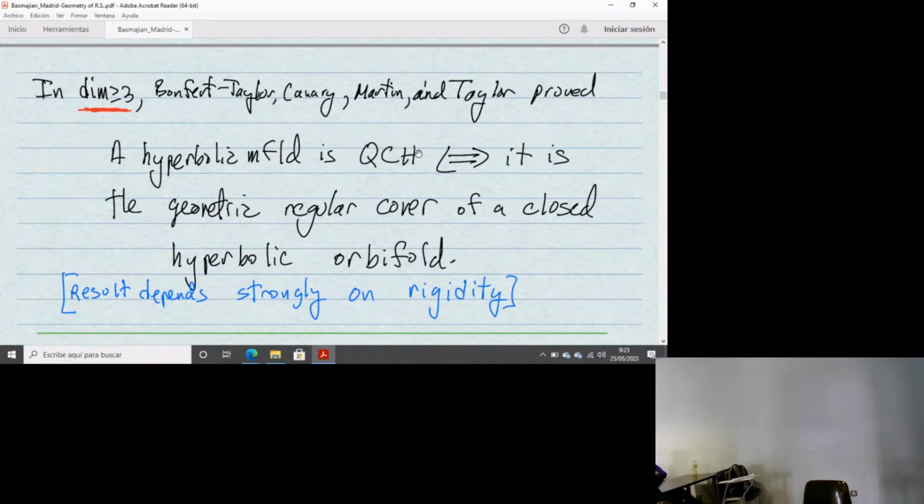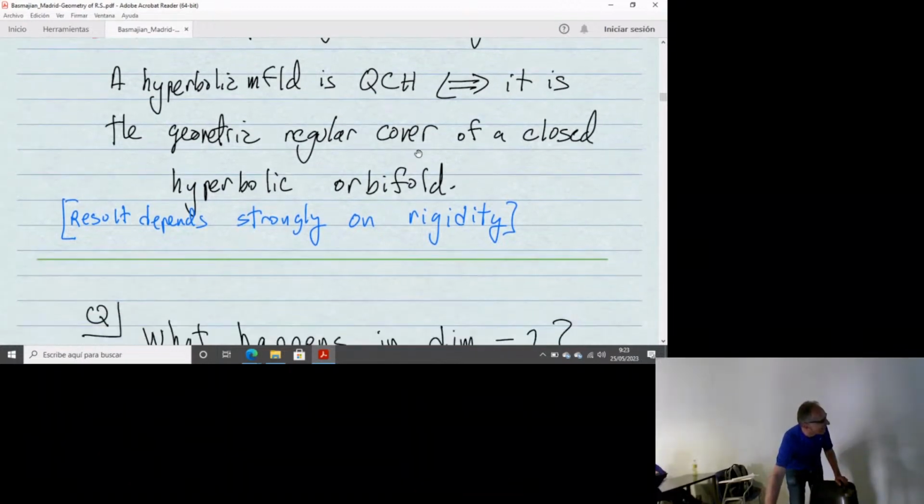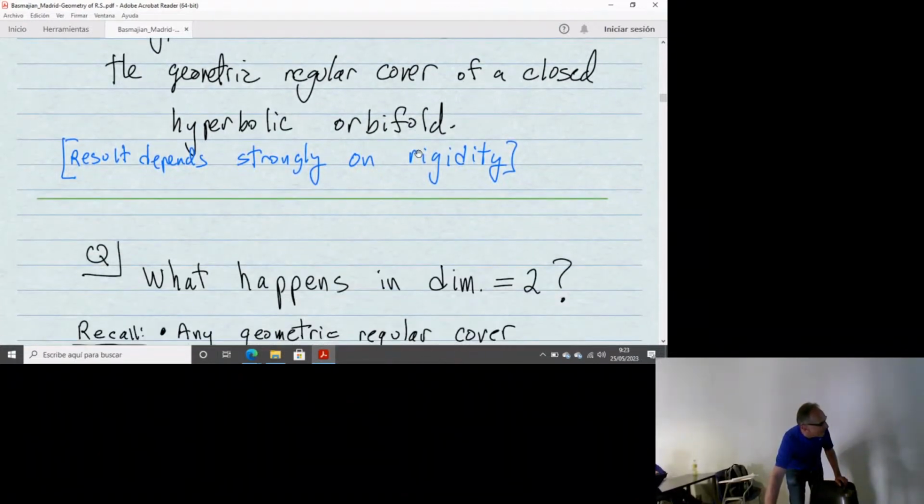Yeah. So is every QCH hyperbolic surface, I'm going to, yeah, that's what the rest of the talk is about.